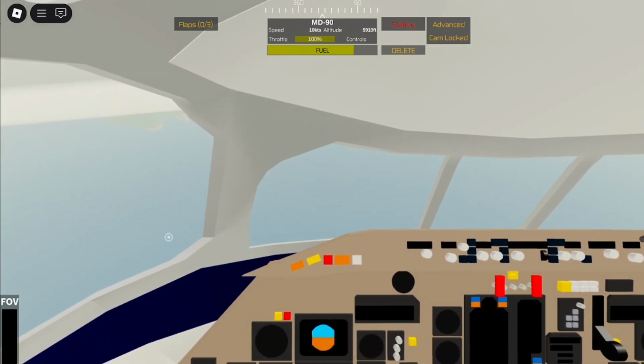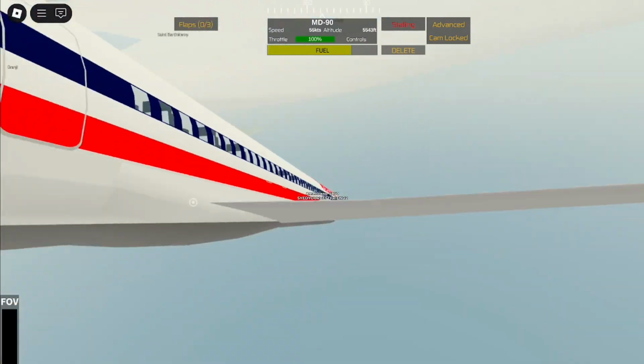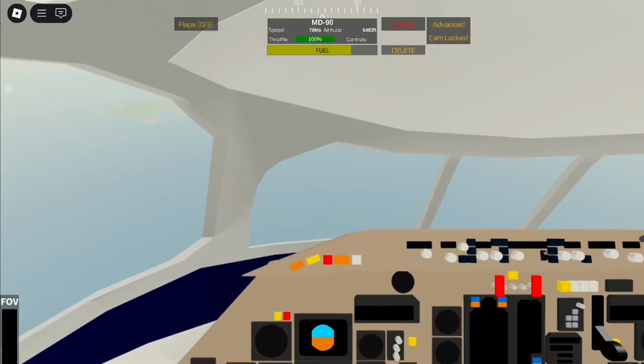I'm on stall, guys. If you're at a specific stall point, or a specific knot speed, it's typically around 150 to 160, I believe. That's really where it's at. I think I'd probably scare these passengers. There are no passengers on this plane, but I'll still get sued if I don't fix the plane.